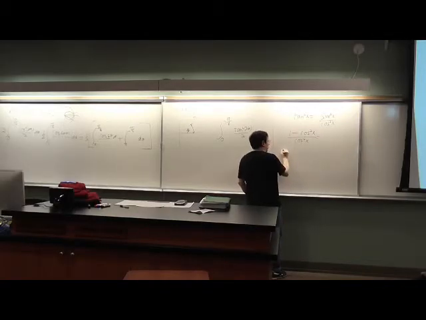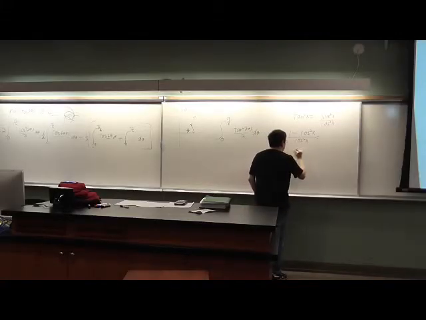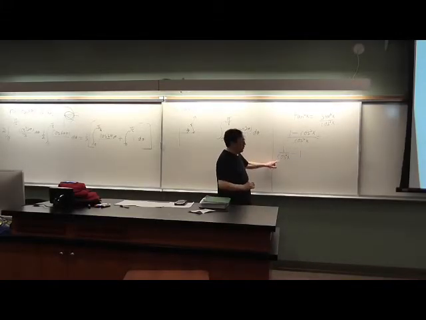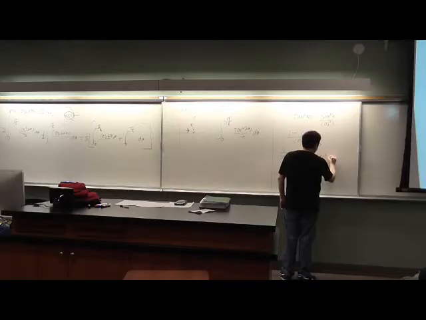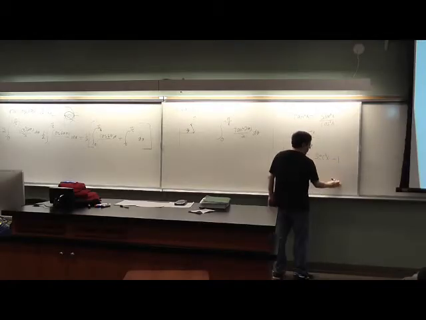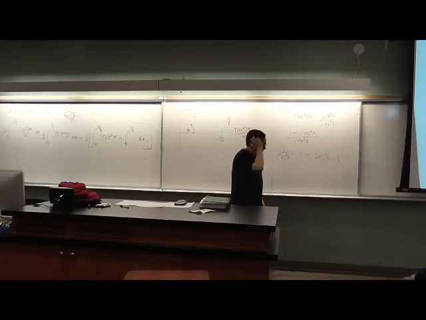So that's 1 over the cosine squared of x minus 1. 1 over the cosine squared, that's the secant squared of x.